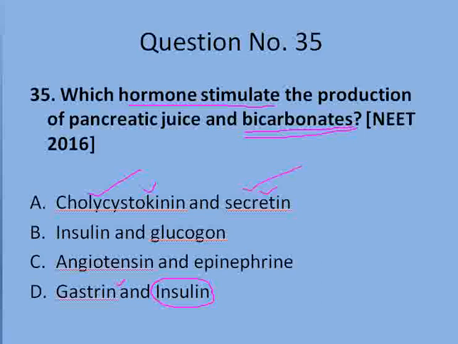Cholecystokinin and secretin are the hormones which are responsible for the production of pancreatic juice as well as bicarbonate. So option A is the correct answer for this question.